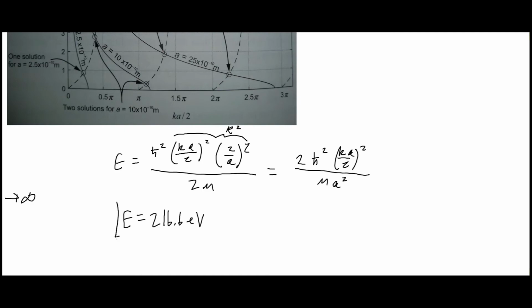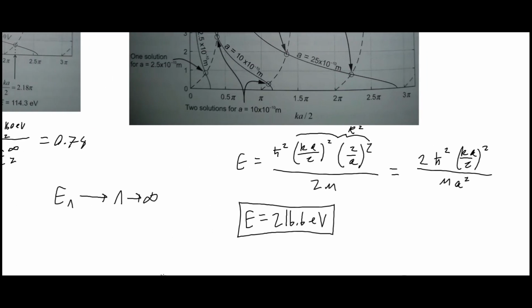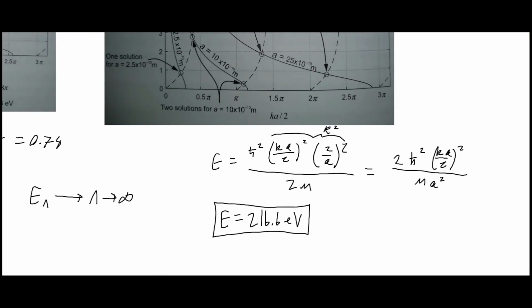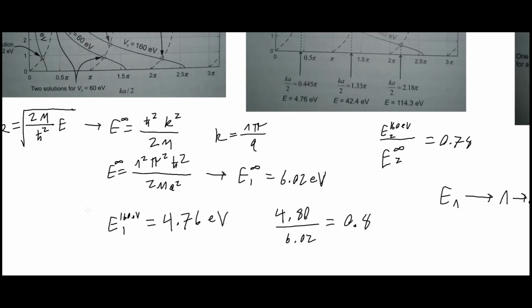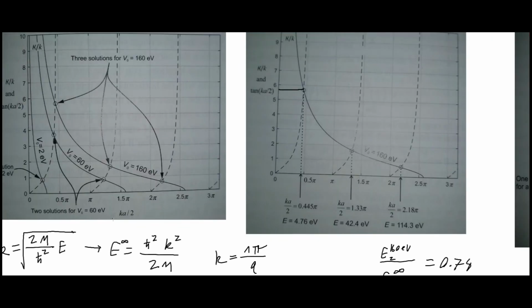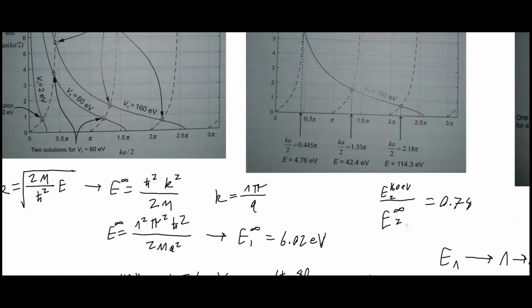What I'm showing here is the highest energy level you could get to for our system with our finite well at 160 electron volts. And so we see that we ended up with about 114.3 electron volts there. So that is the highest energy level.